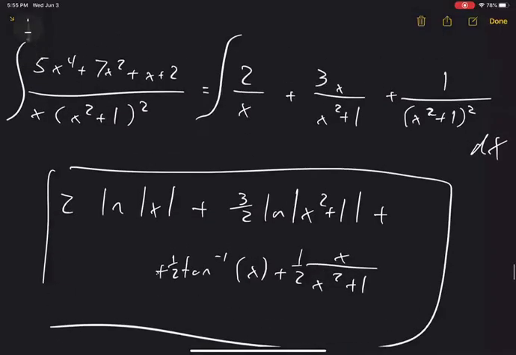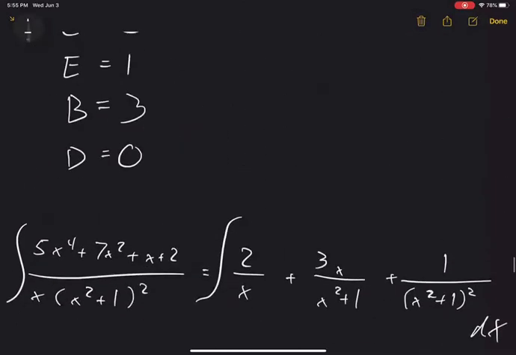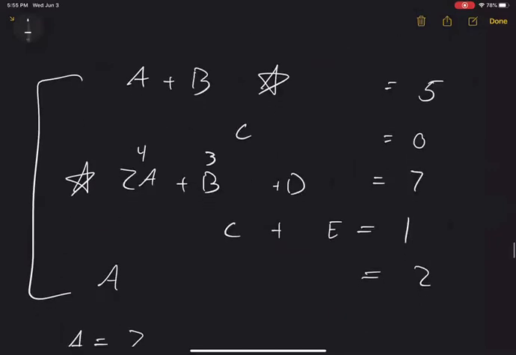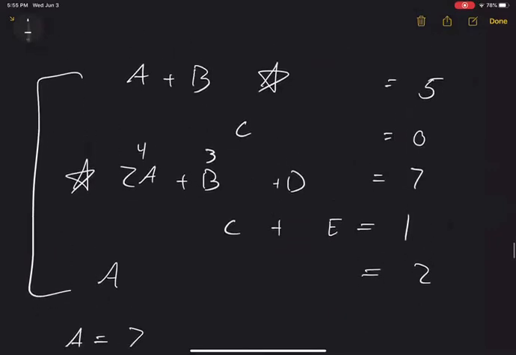And then, of course, I need my plus c. And I just looked in the back of the book, and it is correct. That one's a bit much, but hopefully you guys see how the system of equations is done. It wasn't actually that bad, right? The system of equations wasn't that bad.